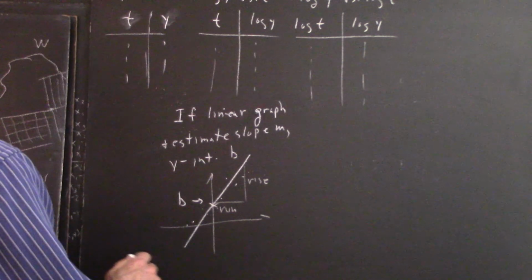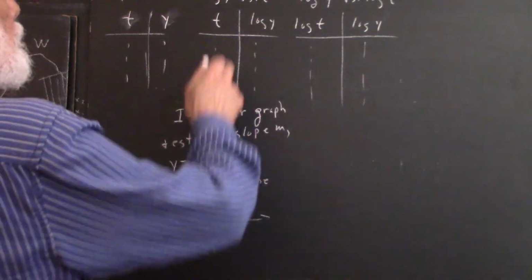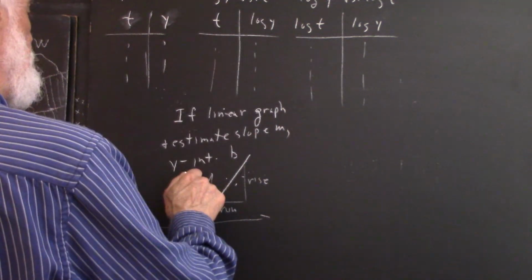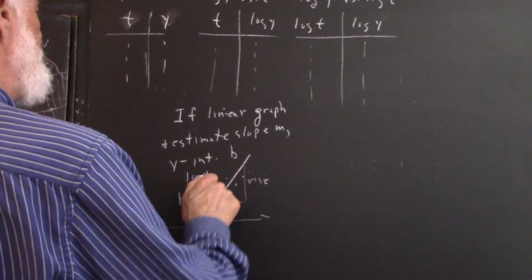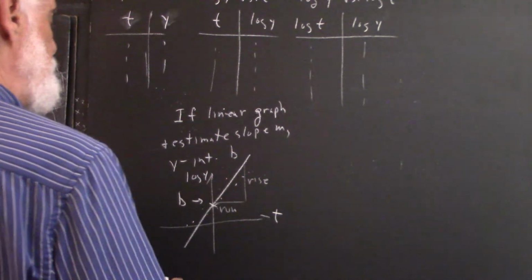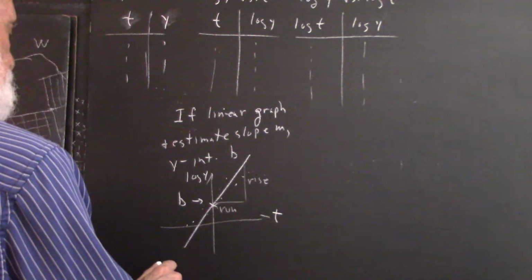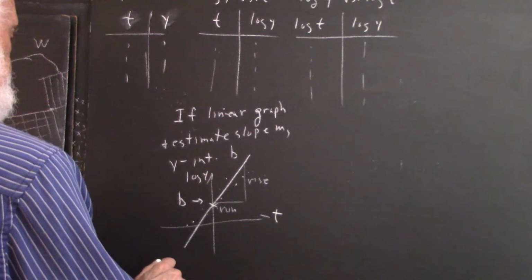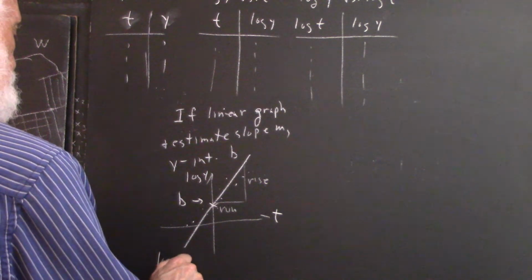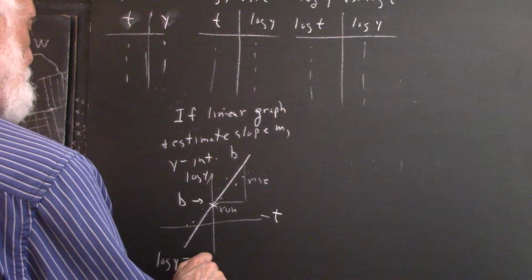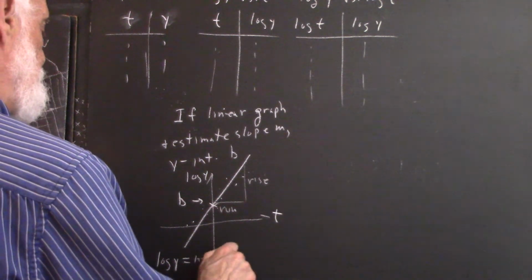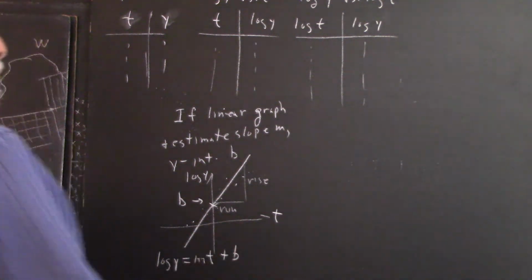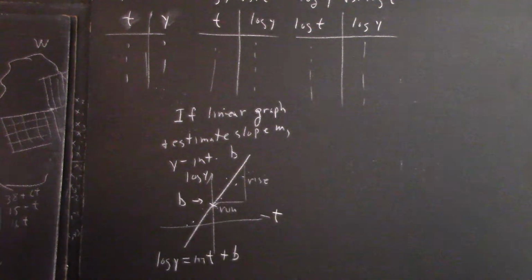And then you can say, okay, the graph is log y versus t. This is log y. This is t. And you can say that log y equals m times t plus b, or mx plus b if this happens to be x.